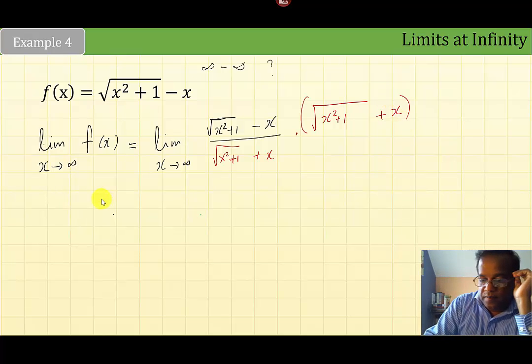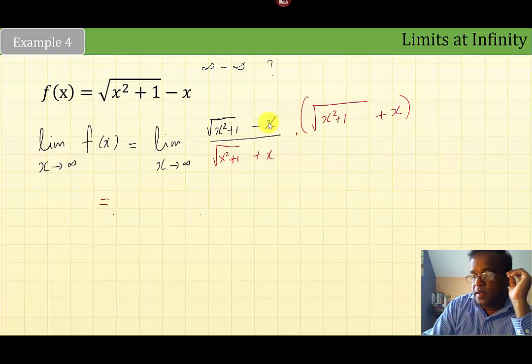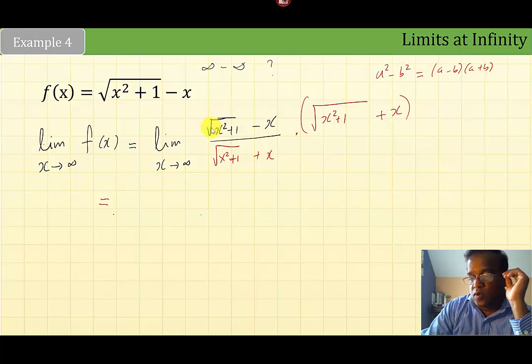Now the numerator has the a squared minus b squared situation. We know a minus b times a plus b will give a squared minus b squared.